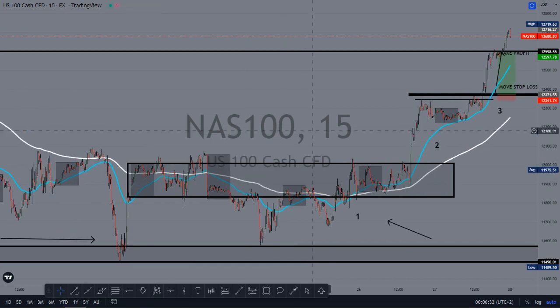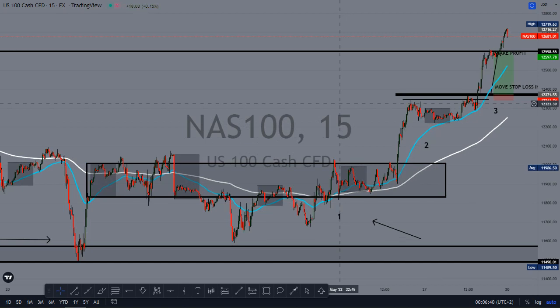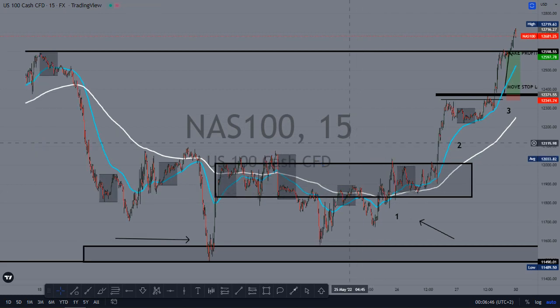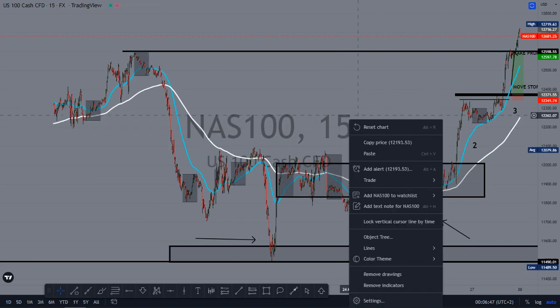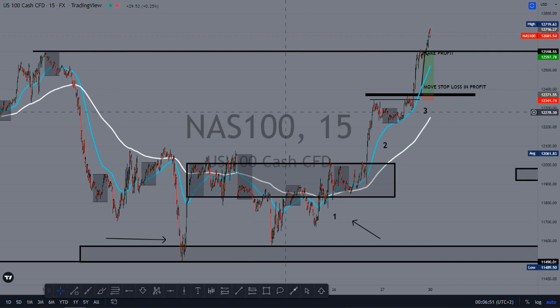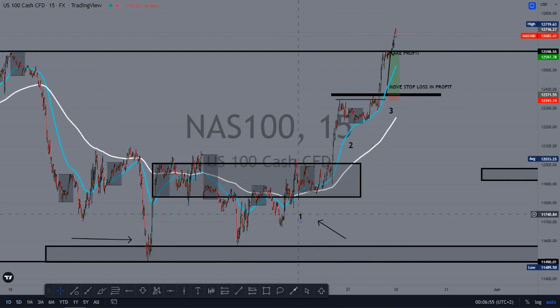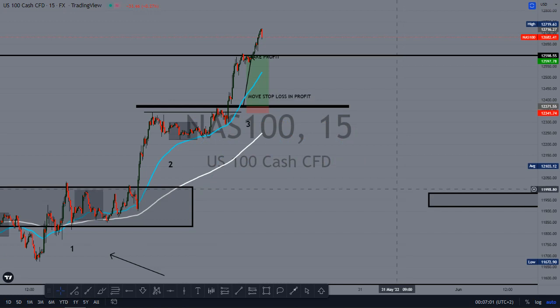The white moving average is the 200 and the blue moving average is the 50. Whenever we get a peak formation, we will get a 50-200 cross, and then we know that our peak formation is locked in. So here we can see our peak formation has been locked in, and from this day it was the first day of rise from the peak that was locked in, second day of rise, and the third day of rise.